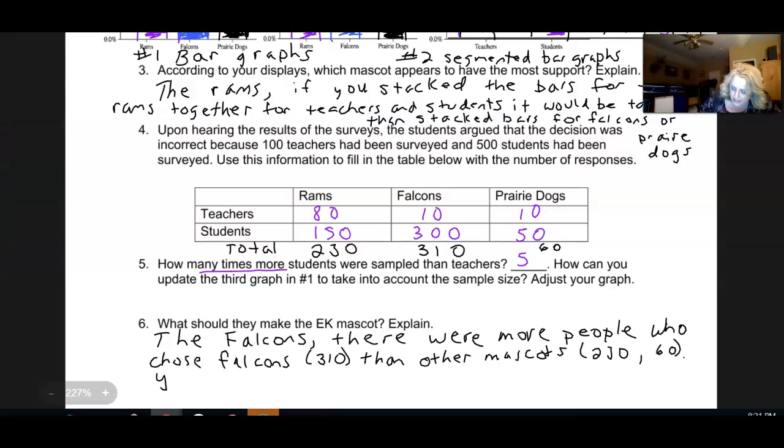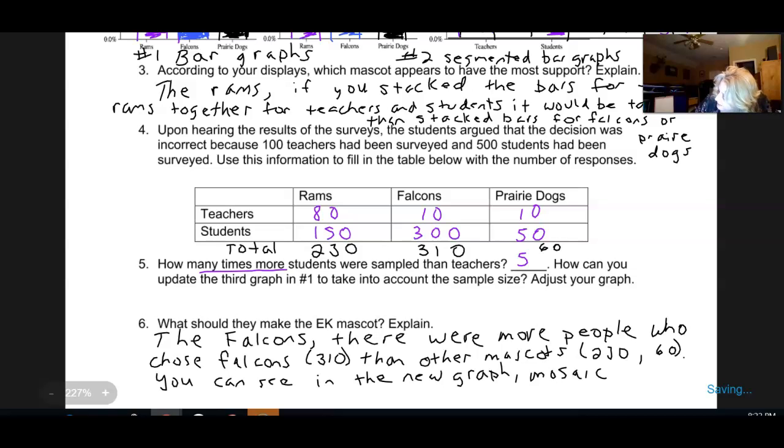So you can see in the new graph, which we said was the Mosaic Plot, that Falcons cover most of the area.